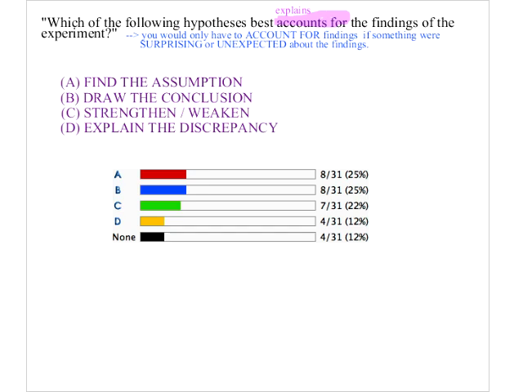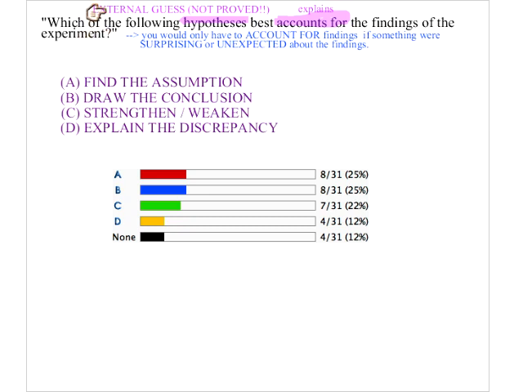Hypothesis means that it's definitely not proved. It means it's a guess. It's an external guess. It's not proved. So it's not a draw the conclusion question, and it's a hypothesis, so it's not an assumption either, because an assumption is something that has to be true.